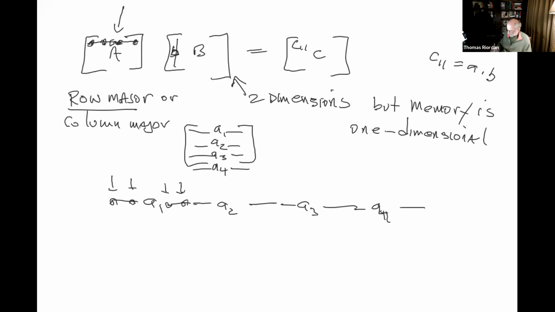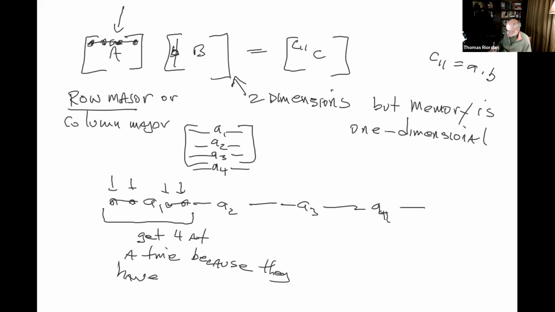And we can get 4 at a time, for example, because they have what?